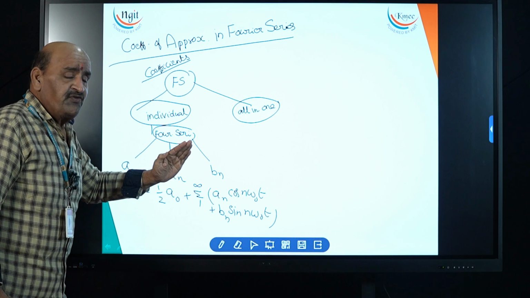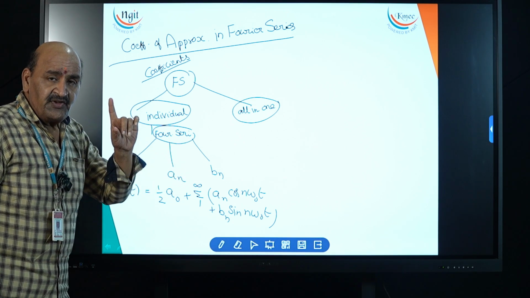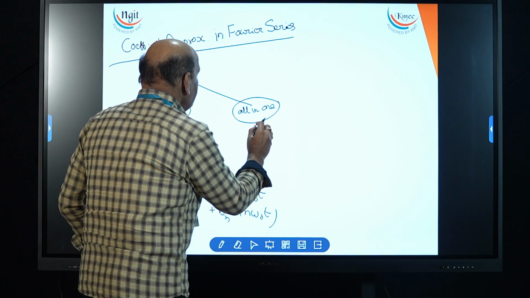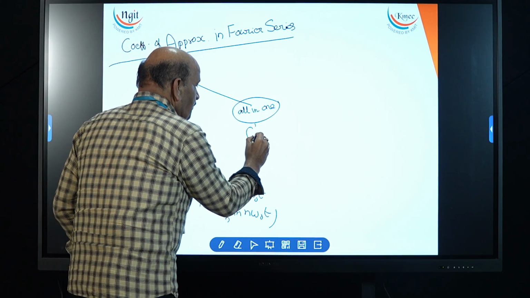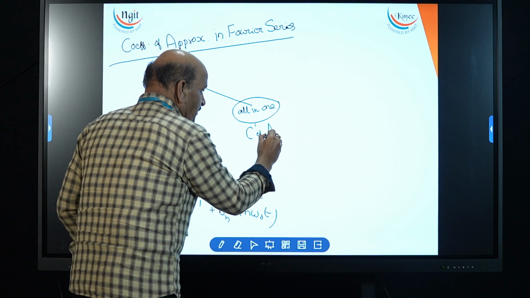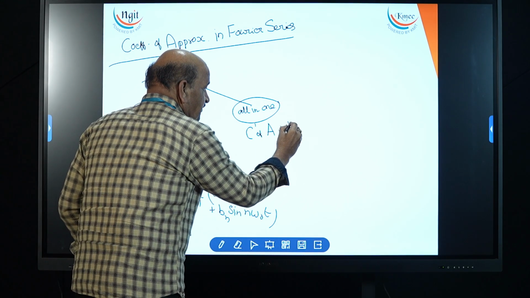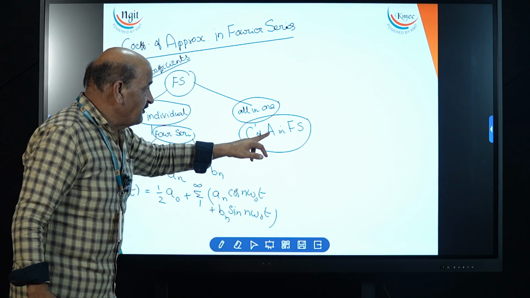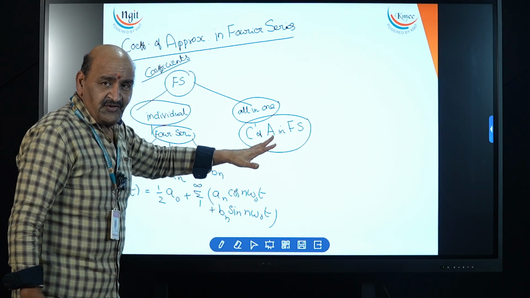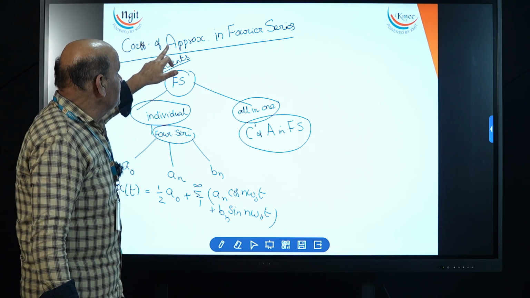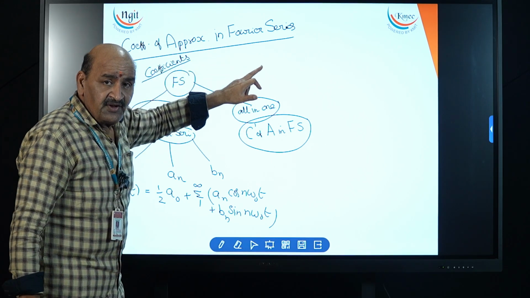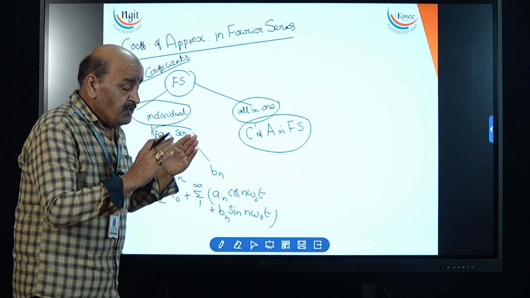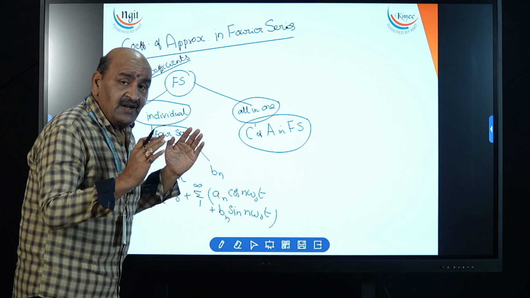Now, all these coefficients can be combined in a single coefficient, all in one. In this way, we call it the coefficient of approximation in Fourier series. Students have to understand that it is not the discussion of individual coefficients.